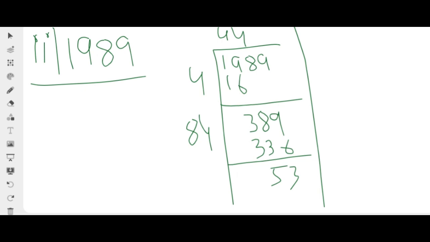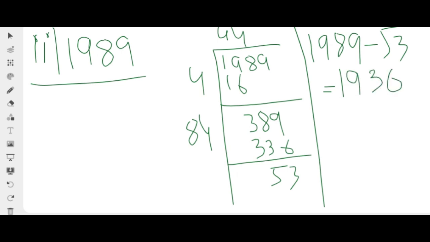Remember that when you get the remainder, we have to subtract that remainder from the given number. By subtracting, we get 1936. When you get the answer, you put it under root, and the quotient of that answer is the perfect square.